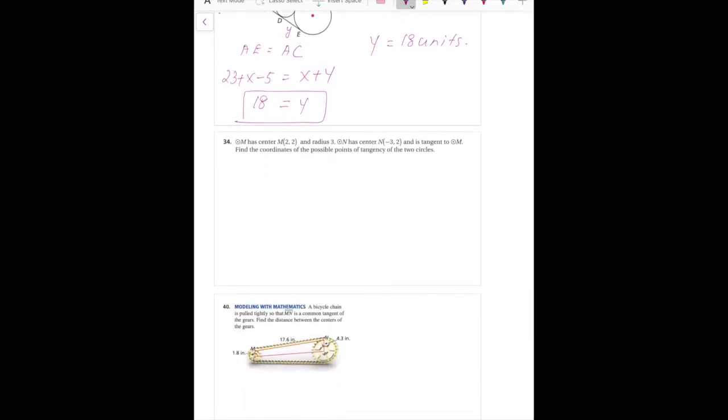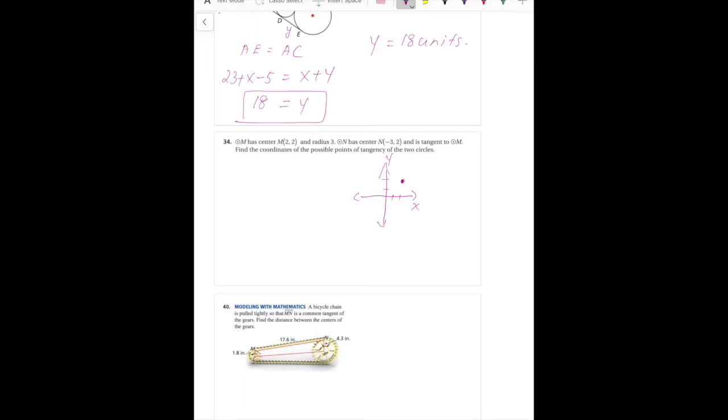Okay. Number 34: circle M has center (2, 2). So if I'm plotting that on a coordinate plane, x, y, (2, 2) means 1, 2, 1, 2. So that's the center.